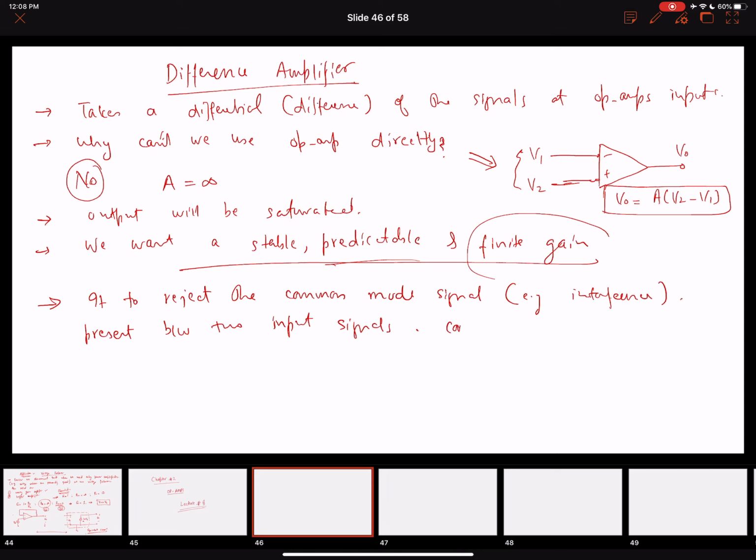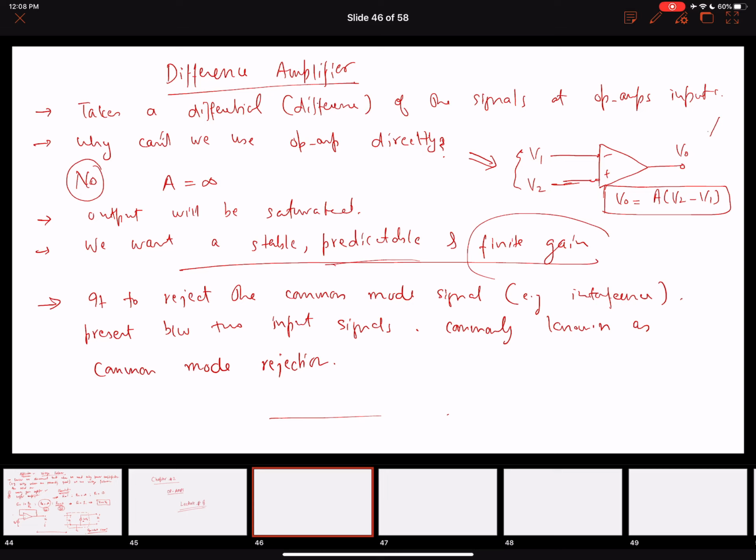This is commonly known as common mode rejection. All right, so these are the basic features of a difference amplifier.